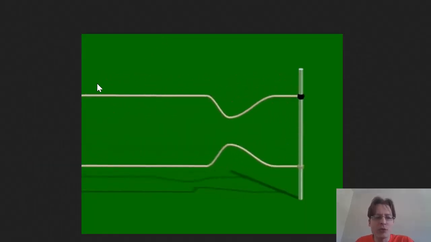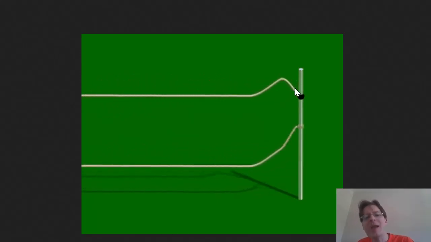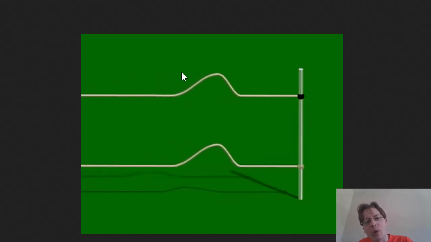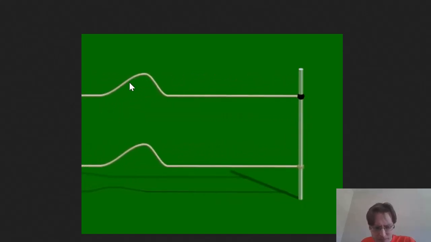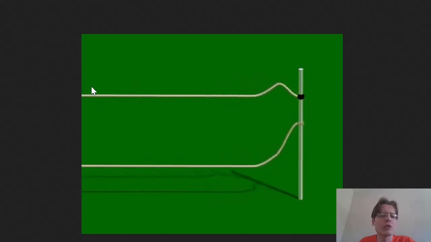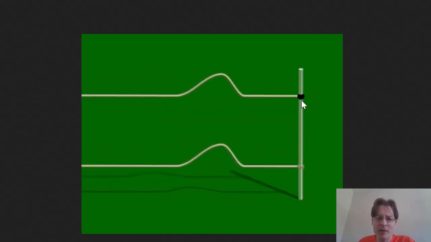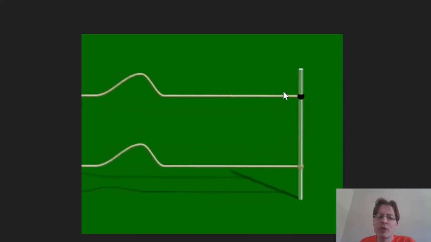You see, there are waves traveling to the right, which reflect off the boundary, the edge of the string, and that produces a right moving wave and a left moving wave. In this animation, first of all, the top string is clamped down at this black point here. And you see that there's a reflection produced, which is inverted.